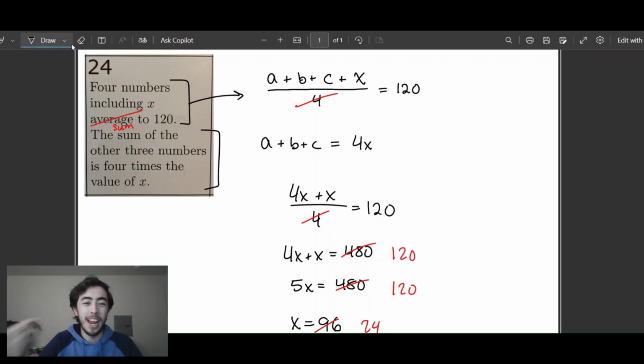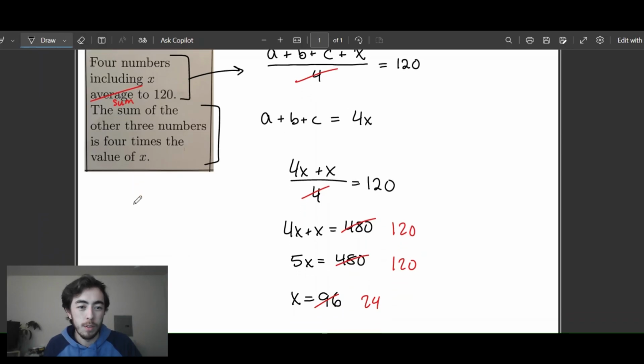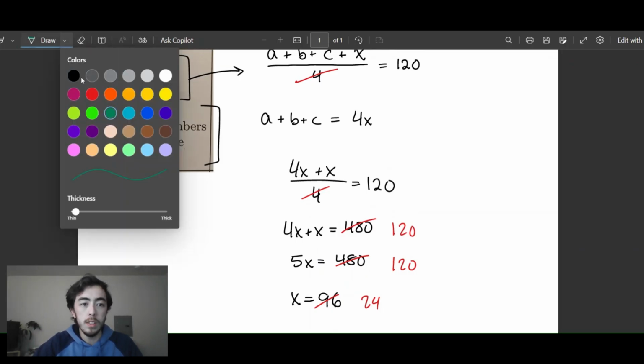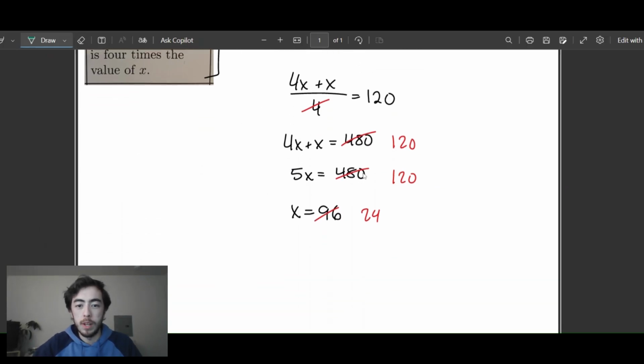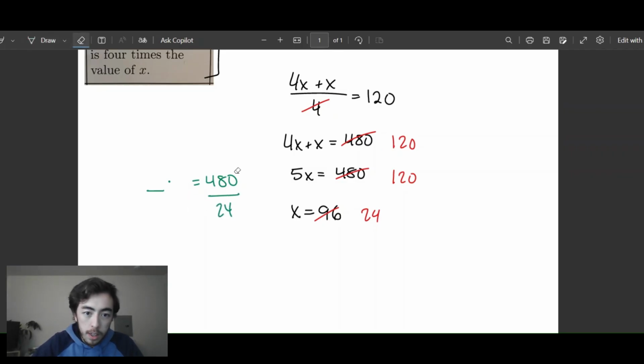Maybe that word average should have been sum. Or maybe there would have been a better number here to try. If I have something times x equals 480, and I want x to be equal to 24, I could divide both sides by 24. This looks like the number 20.